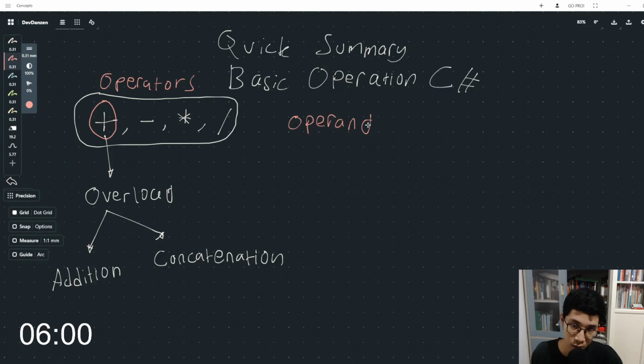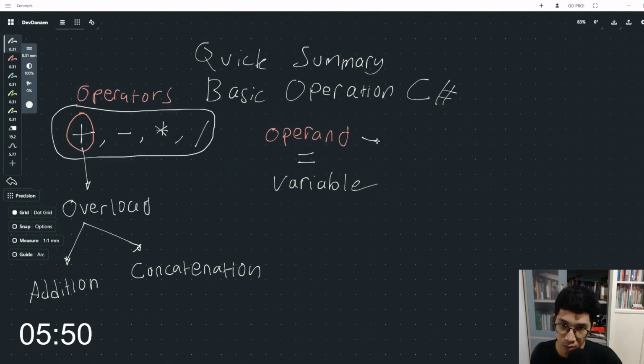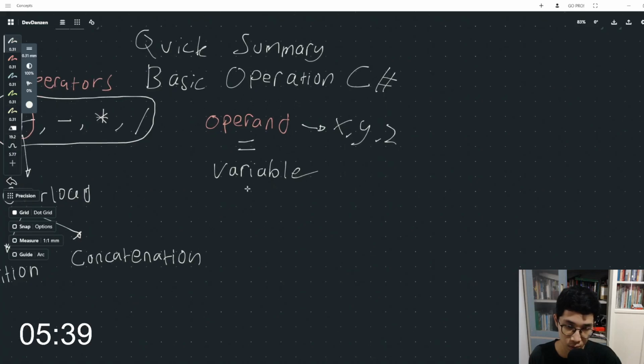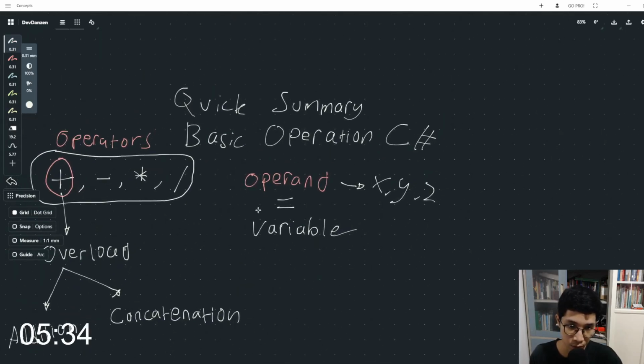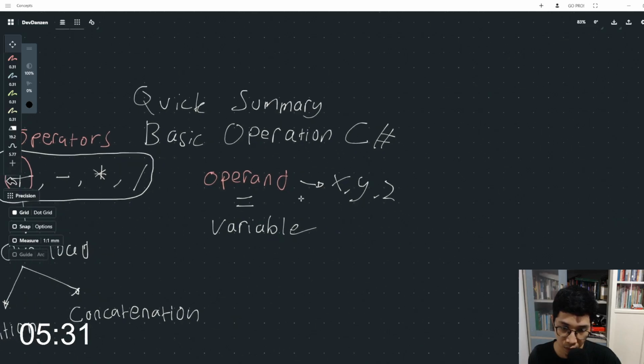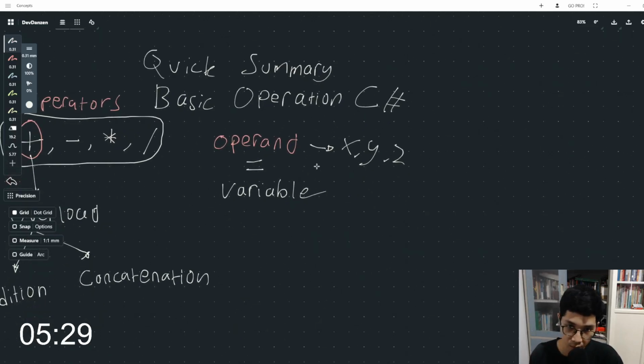Operand means it's the same as variable, but operand is commonly used like x, y, z, like the mathematical variable concept. That's operand. It's just the same synonym. It doesn't matter anyway, but operand is usually for mathematical purposes. Variable is usually used for programming, strings, and others, but it's still the same thing.